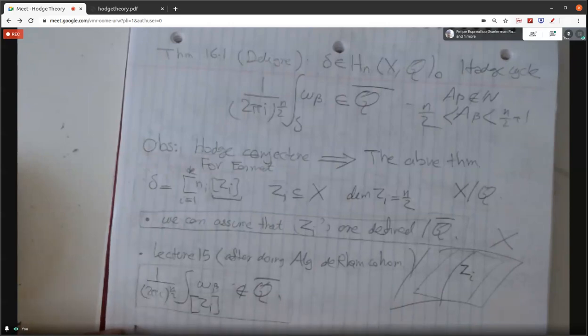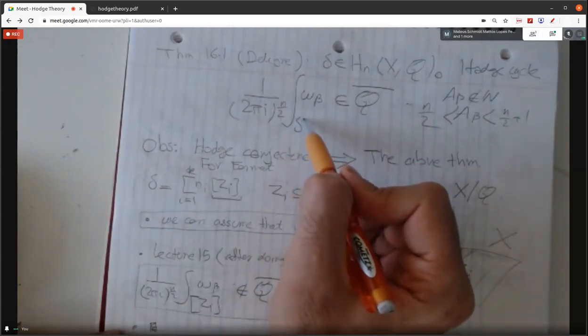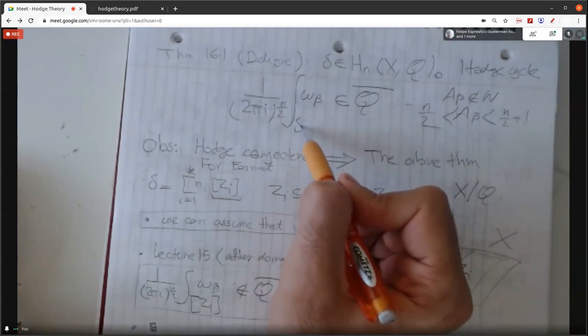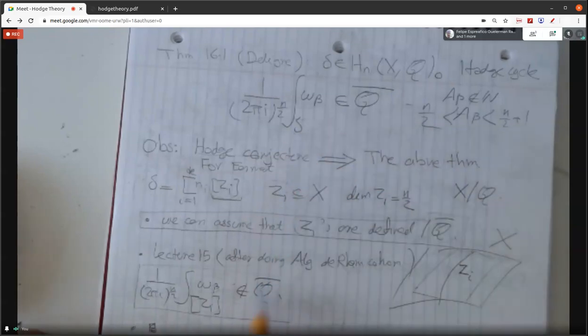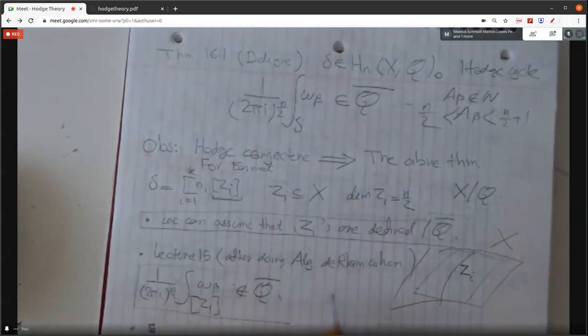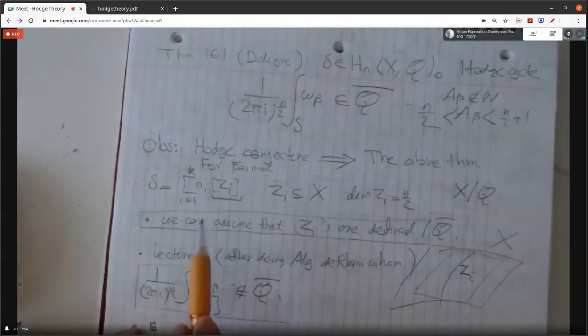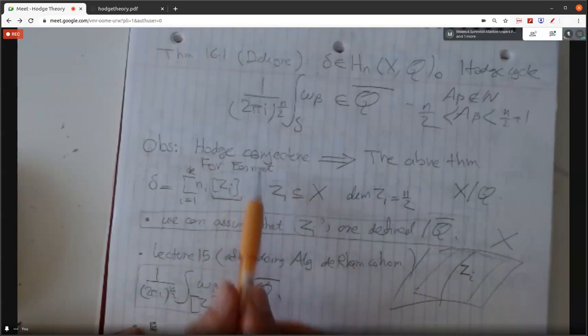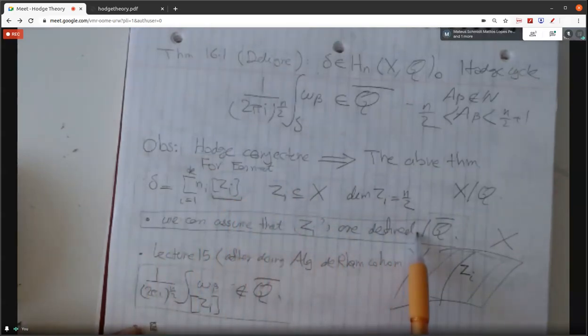And then it is finished because we replace delta with algebraic cycles, then we can use this one. So the point is that there are three steps. First, assuming the Hodge conjecture. Second, this one is not so difficult.